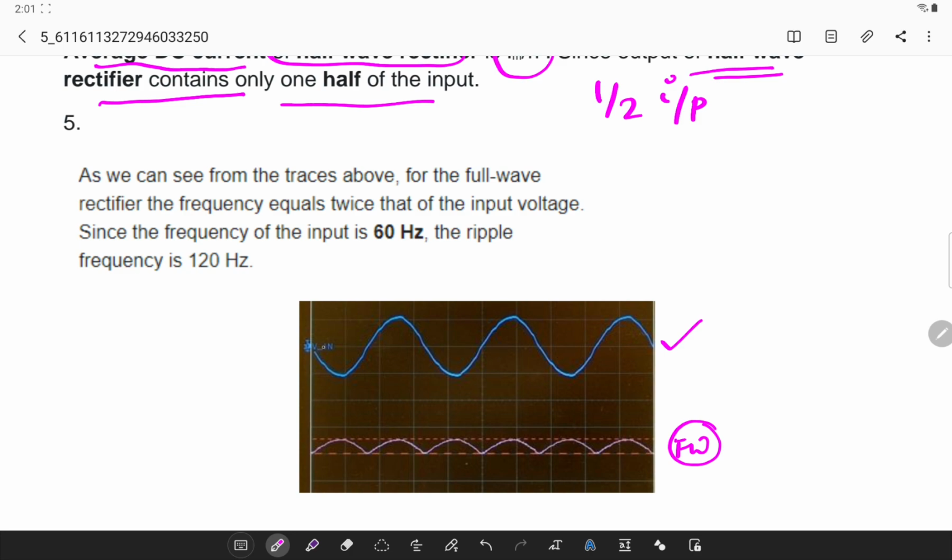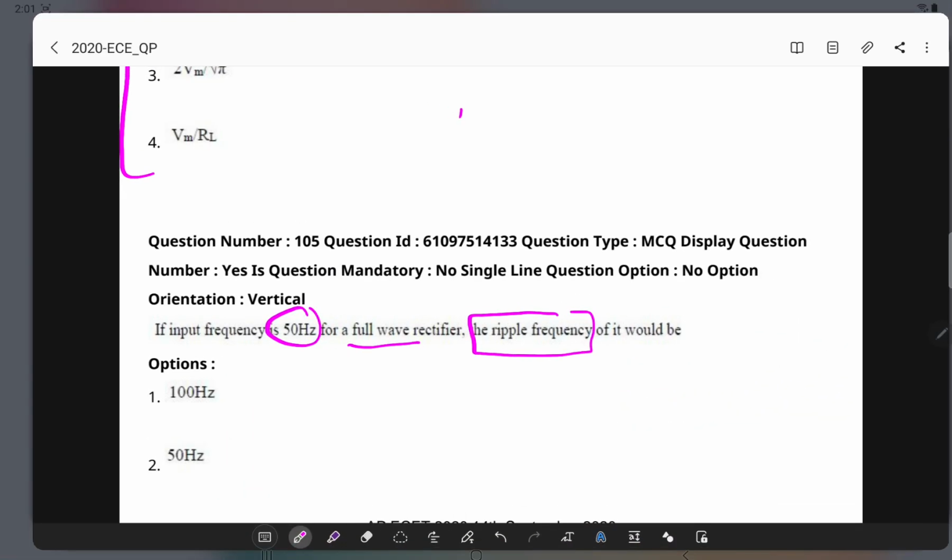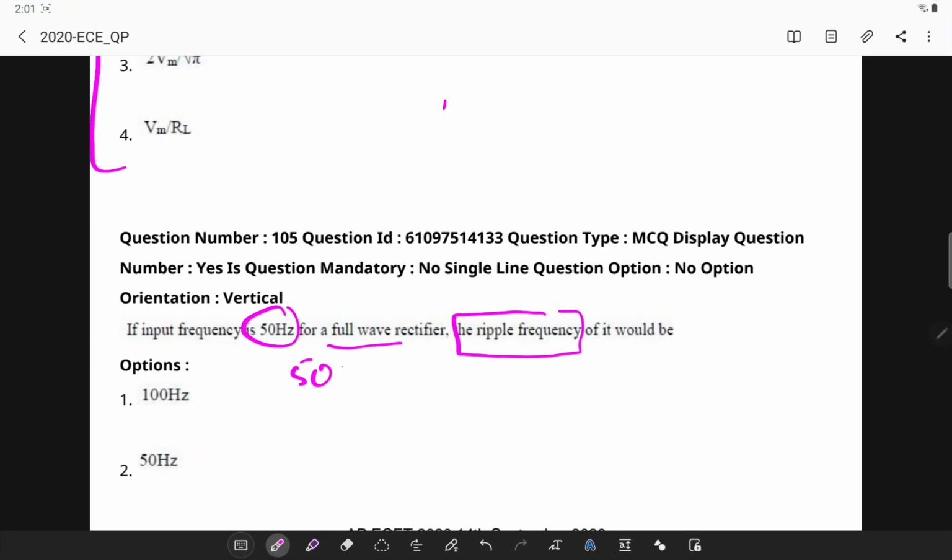If you observe, in this case, if the time period taken is T, here the time period will be T by 2. Which means the frequency is getting multiplied by a factor of 2 because f is 1 by T. Therefore in the question it is given as 50 Hz, so into 2 will be 100 Hz, which is your answer.